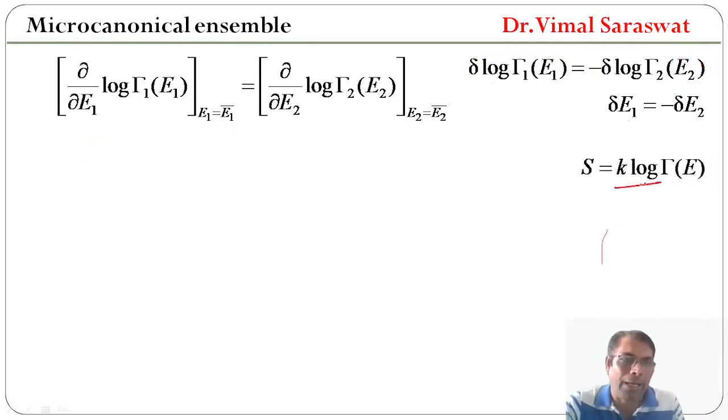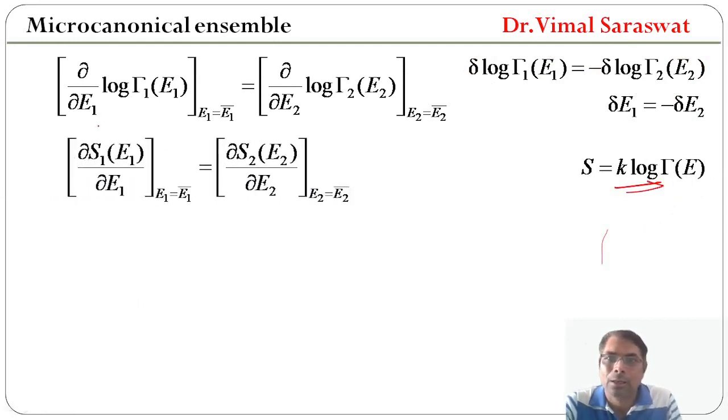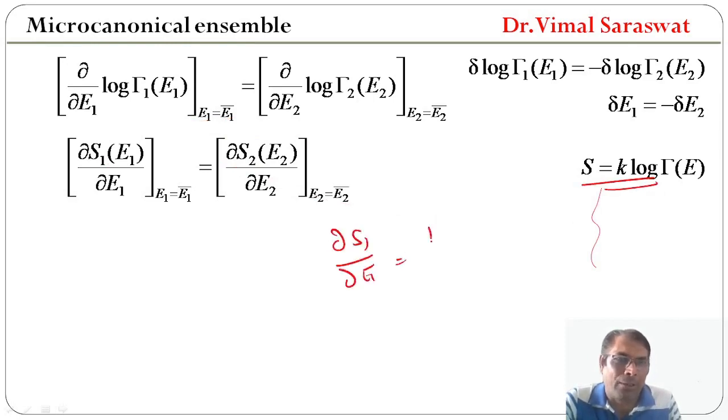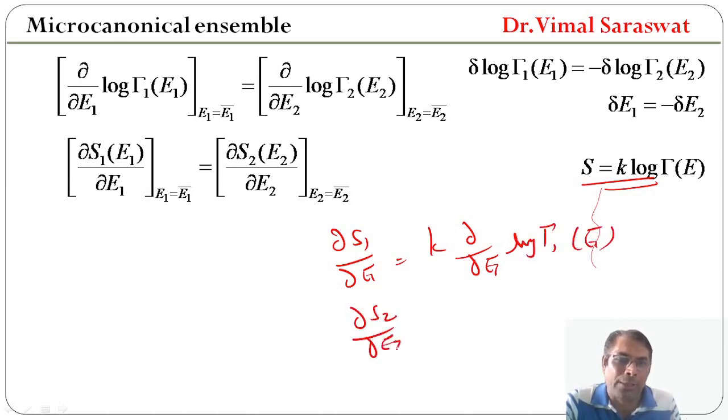Since S equal to k log γ(E), this equation will be ∂S1/∂E1 equal to ∂S2/∂E2. Since S is this one, so ∂S1/∂E1 is equal to k ∂/∂E1 of log γ1(E1), and ∂S2/∂E2 is equal to k ∂/∂E2 of log γ2(E2).